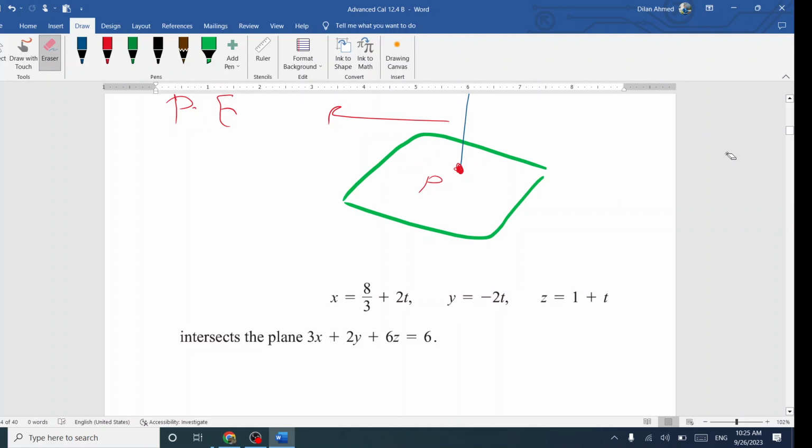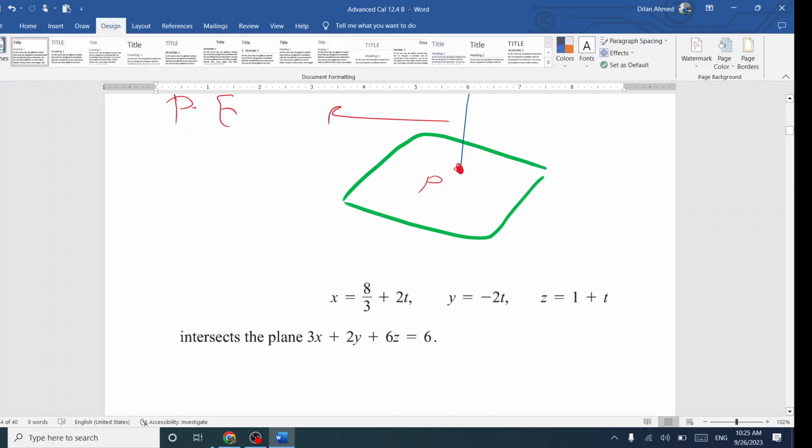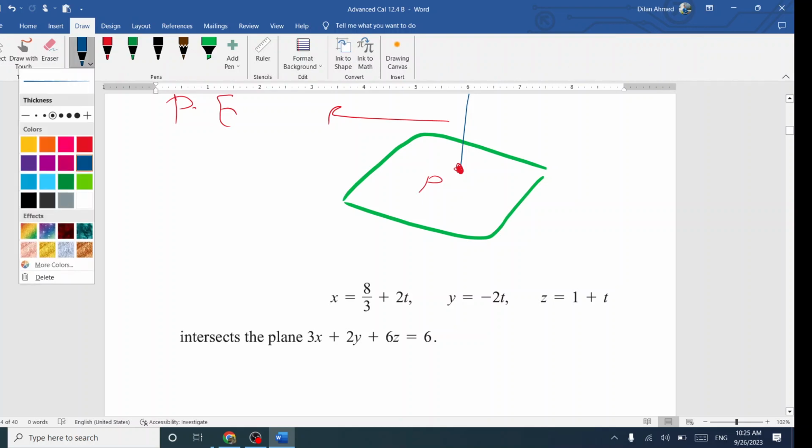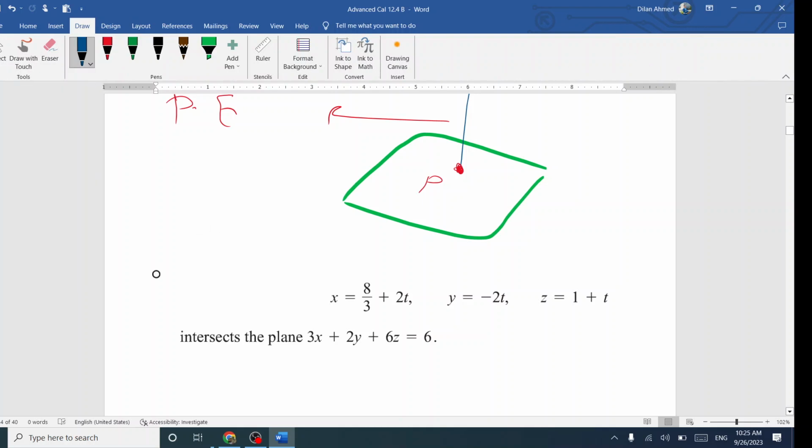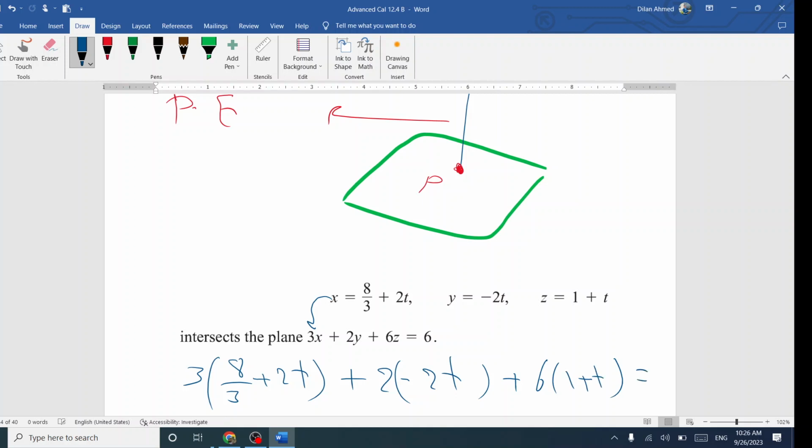Good. Now I try to substitute x and y, sorry, x in x, so I will get 3 times 8 over 3, 2t, plus 2 minus 2t, plus 6 times 1 plus t equal to 6.